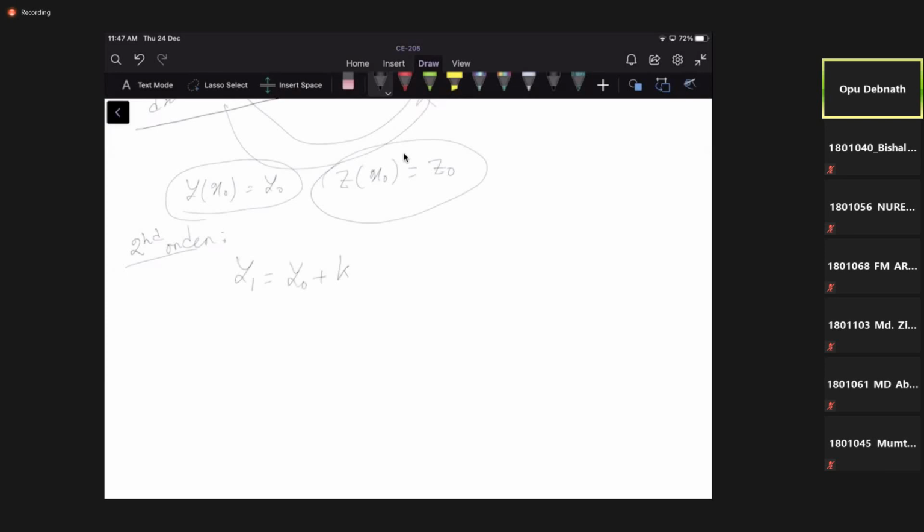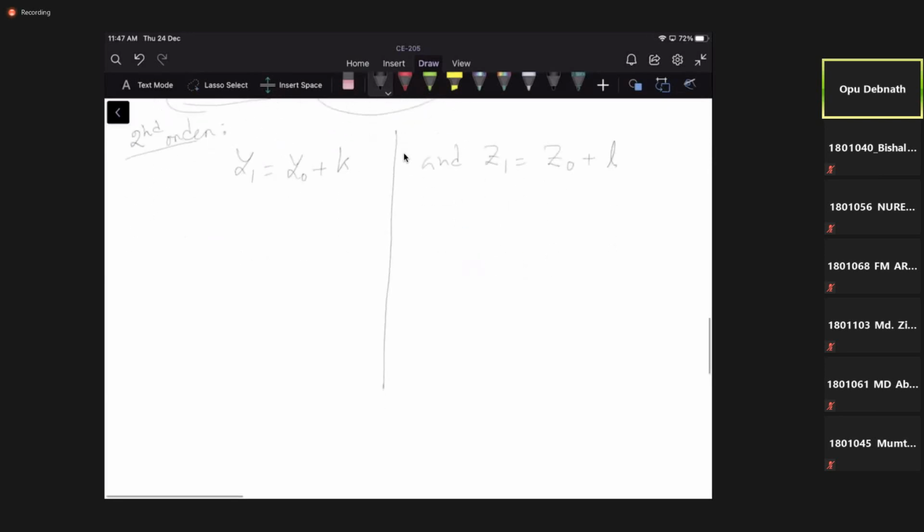So another part here we will add, and z1 will be z0 plus, in this case we need to consider another constant value, let's consider it as L. Okay, y1 will be y0 plus k and z1 will be z0 plus L.